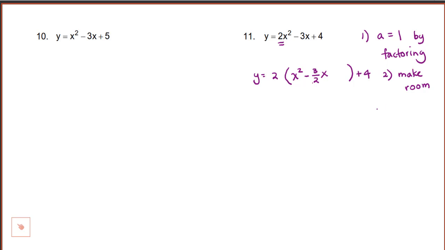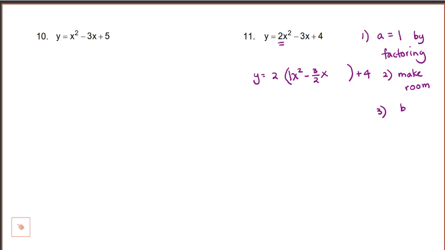Then step 3 is the completing the square. So inside the parentheses, A is 1, right? So that's good. So then I take B inside the parentheses, and who is it? Negative 3 over 2. And I take half.